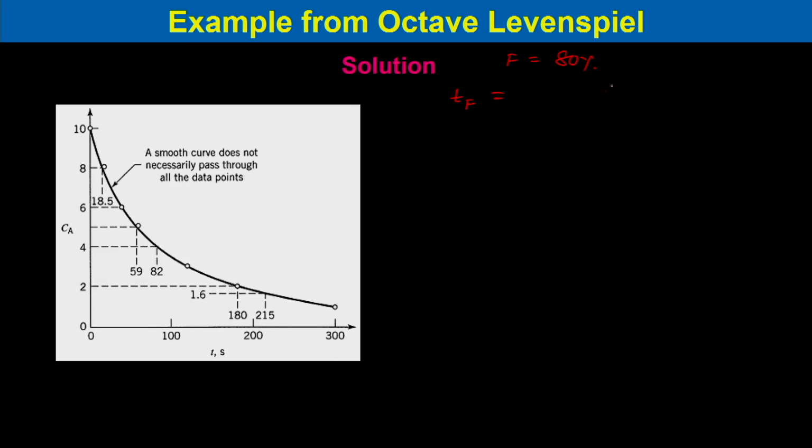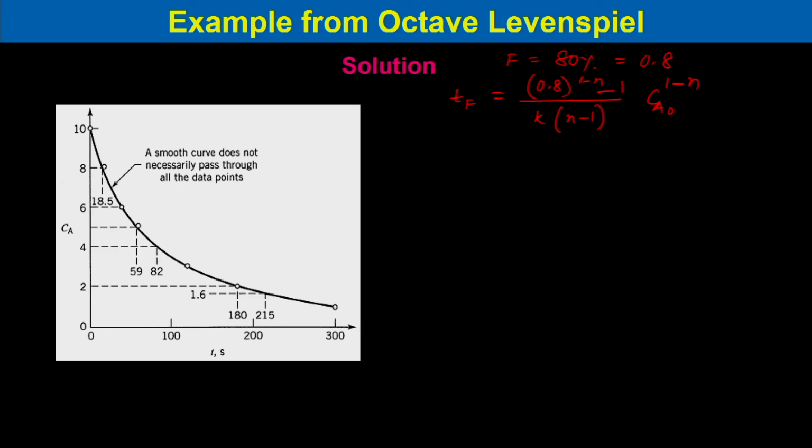That means f is equal to 0.8. So, we can write Tf would be 0.8 to the power 1 minus n, minus 1, divided by k into n minus 1, into Ca naught to the power 1 minus n.